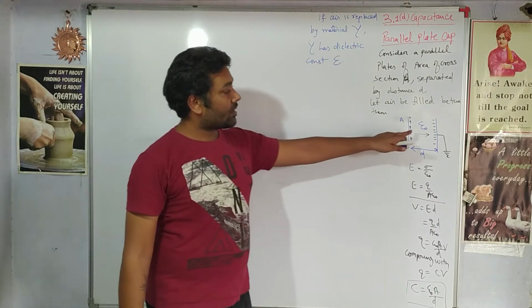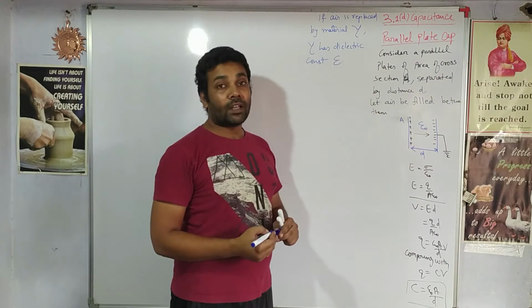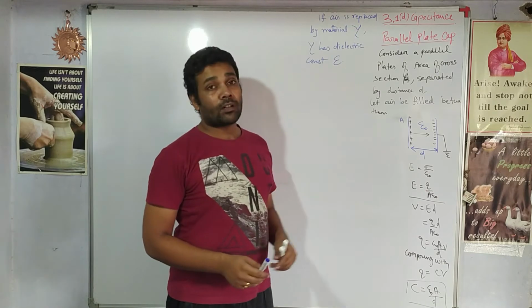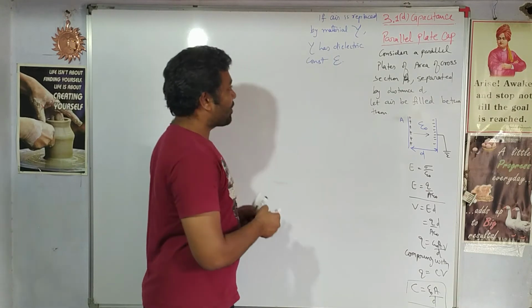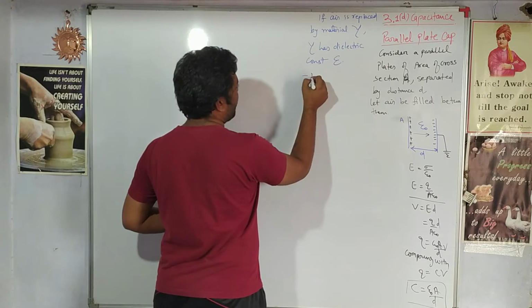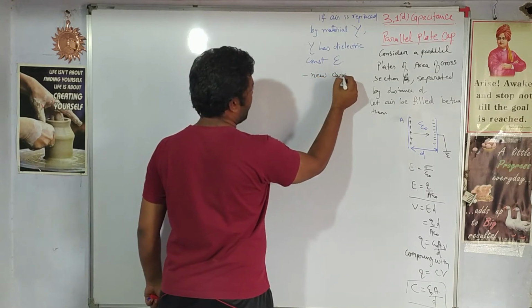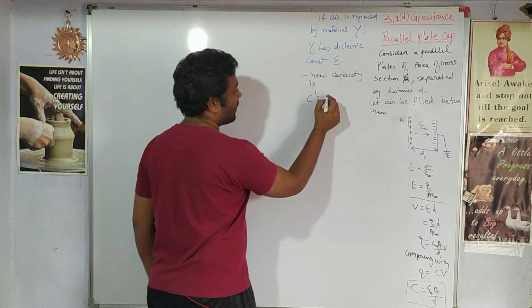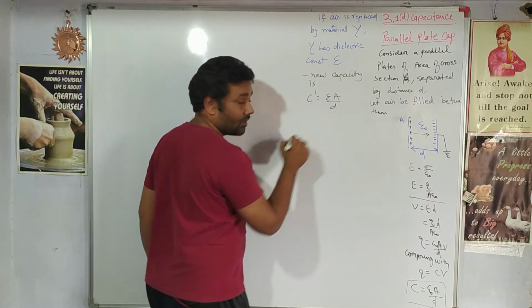In this, instead of epsilon naught, if I fill some material Y which has a dielectric constant epsilon, then what will be its new capacity? Then its new capacity, let us say it is C dash, will be epsilon A by D, right?